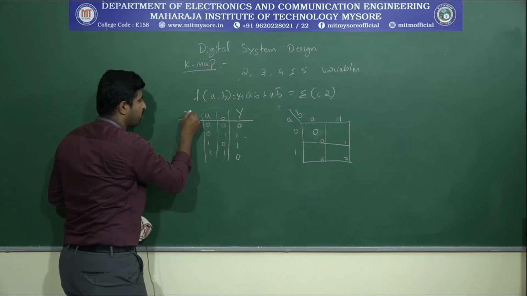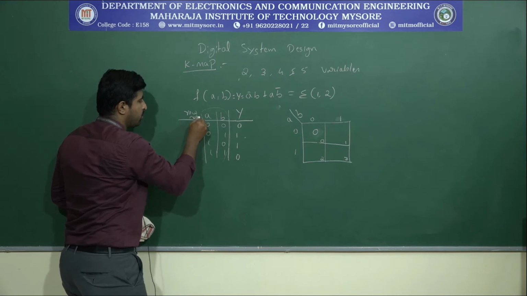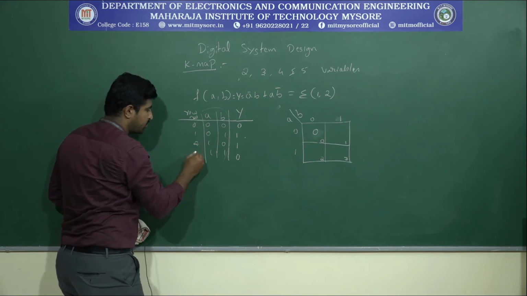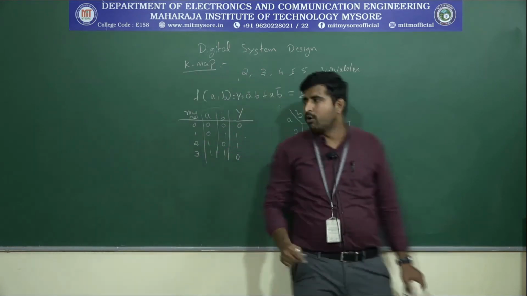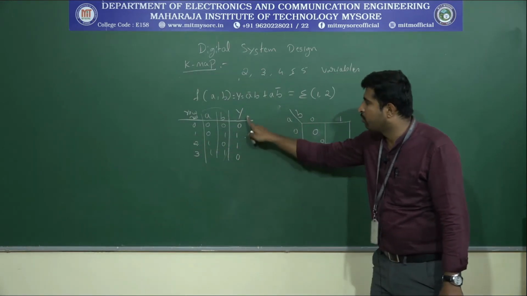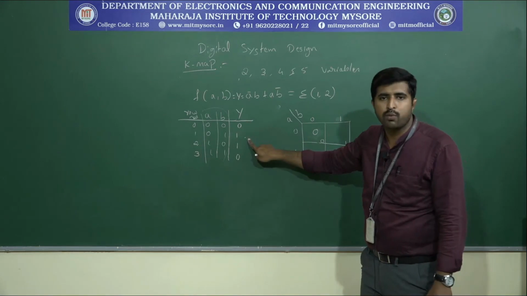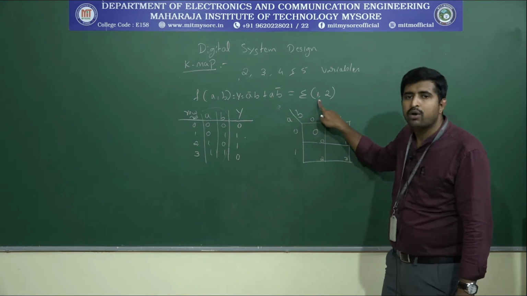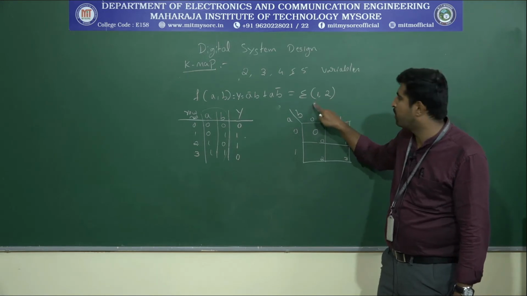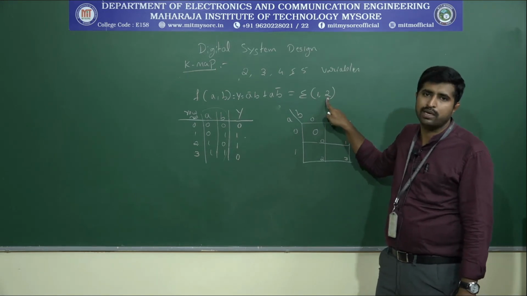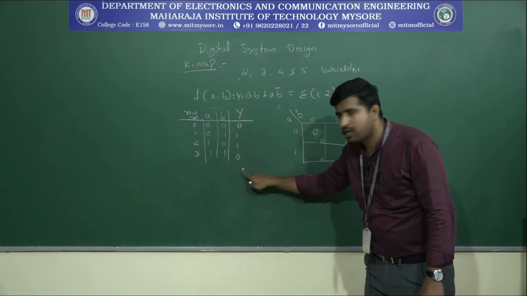Here I will write the row number also: row number 0 1 2 3. So this function will generate logical 1 when the decimal value of the input is 1 and 2. So these were the truth table.